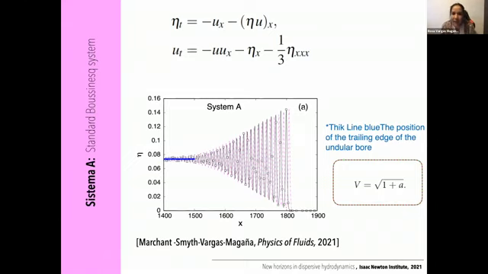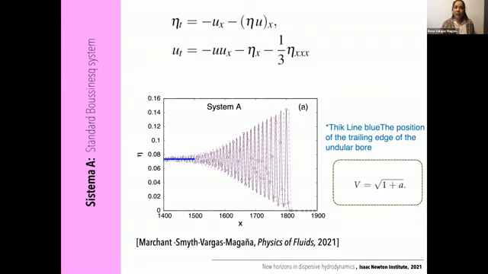And this slide has a lot of stuff, but I just want you to focus on the system of equations at the top of the slide, and the relation between the velocity and the amplitude for the solitary waves described by this system. And about the figure, I just want you to verify that it's of KdV type, undular bore.